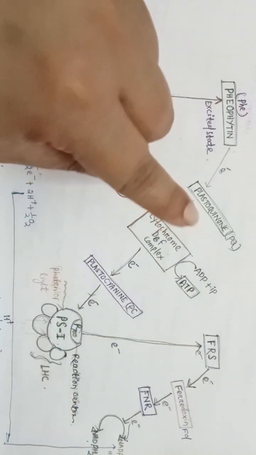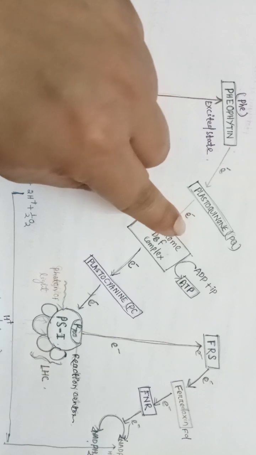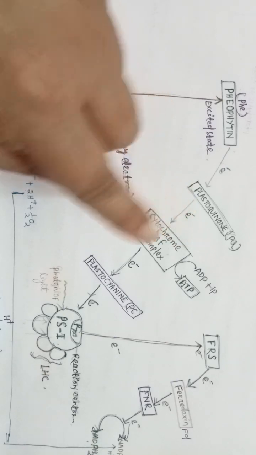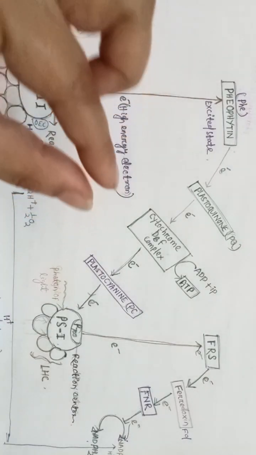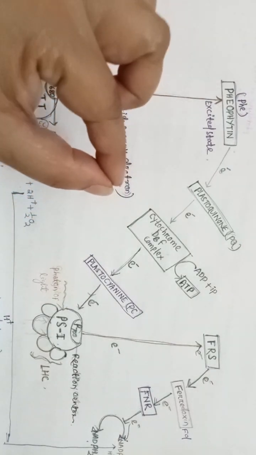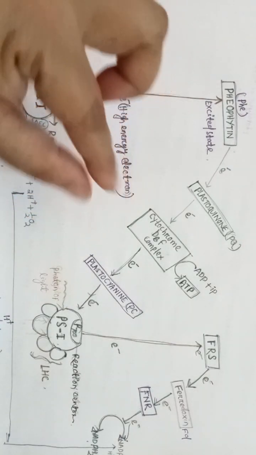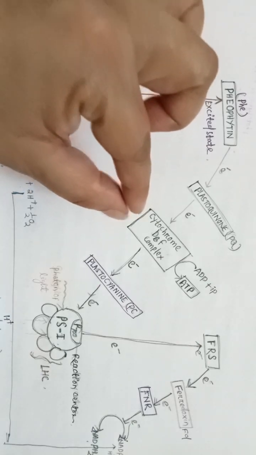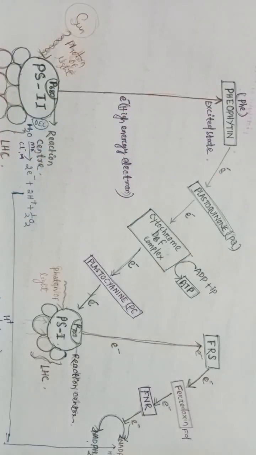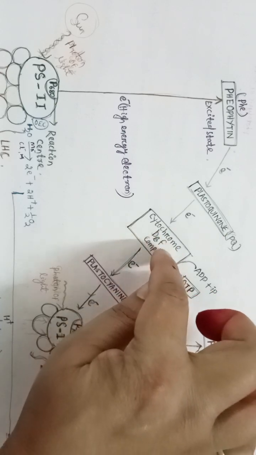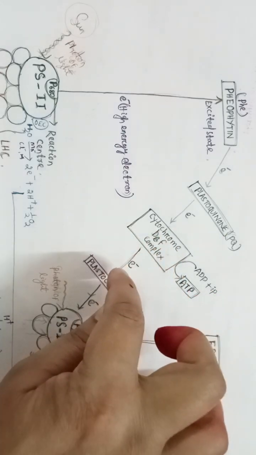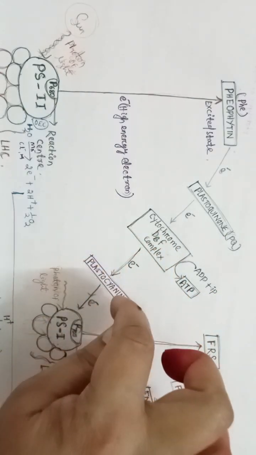Cytochrome B6 is an electron carrier and cytochrome F is an electron carrier. Both are separate electron carriers and they are present in a complex. Okay. Then the electron from the cytochrome B6F complex is accepted by plastocyanin.